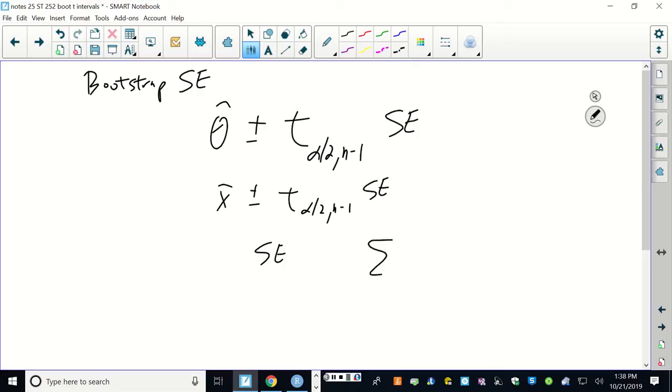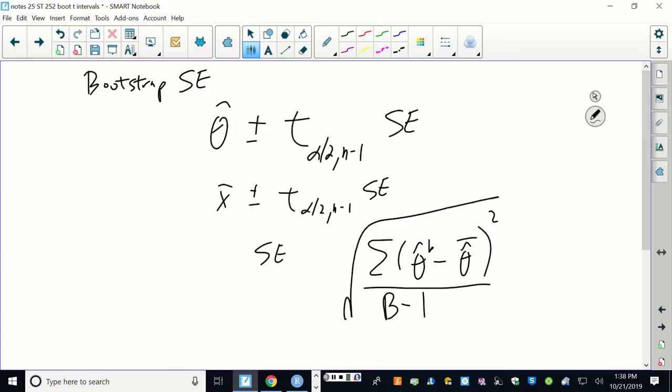So the variability of this theta hat minus the average of the theta hats, that thing squared, divided by capital B minus 1, and I take the square root of all that. So the variability of our theta hats, those are like simulating the sampling distribution, and if we simply take the standard deviation of those, that's like our standard error.